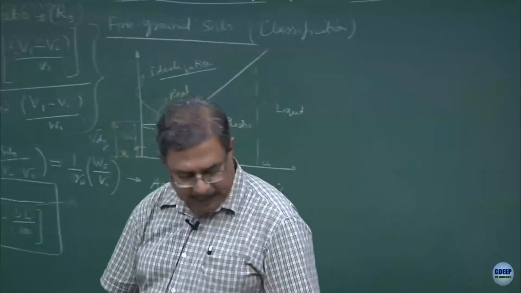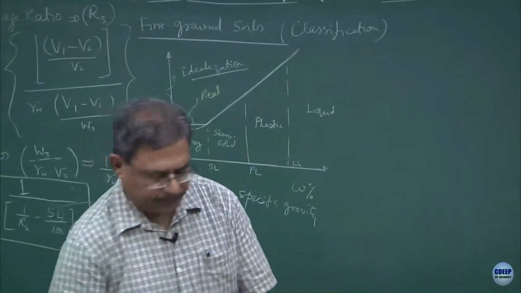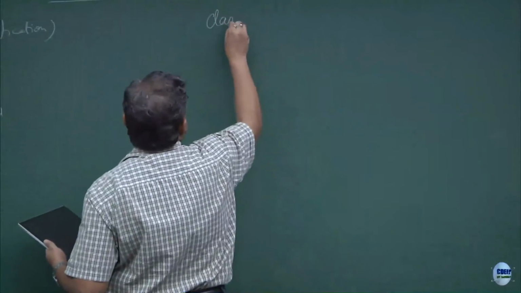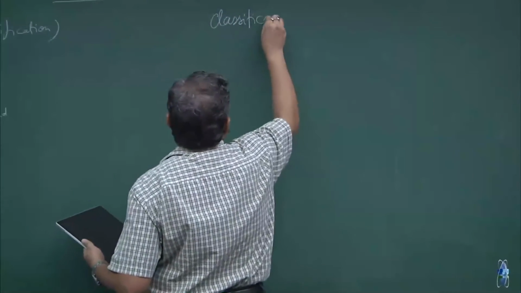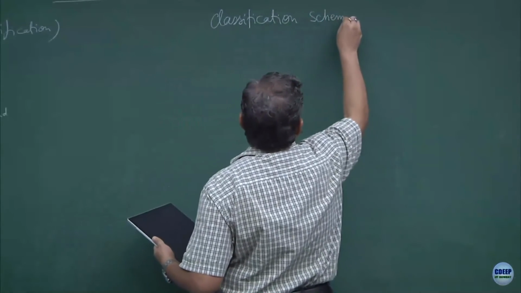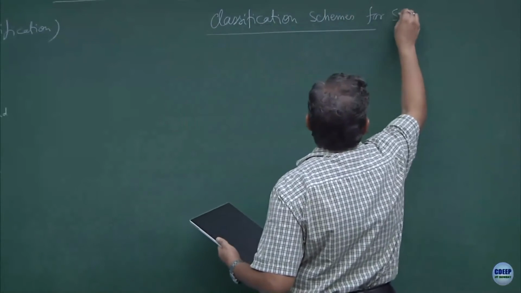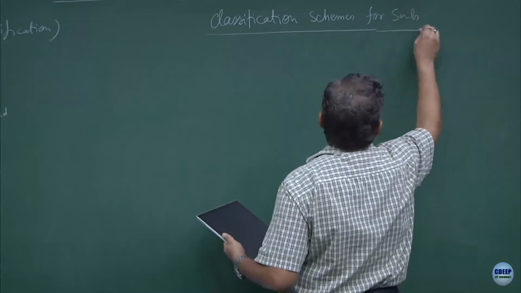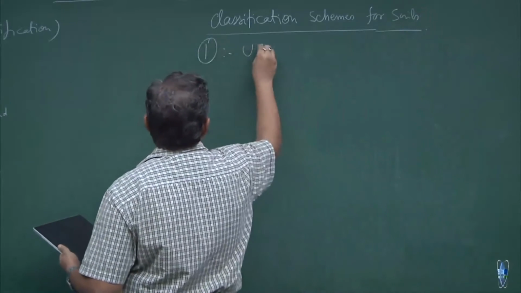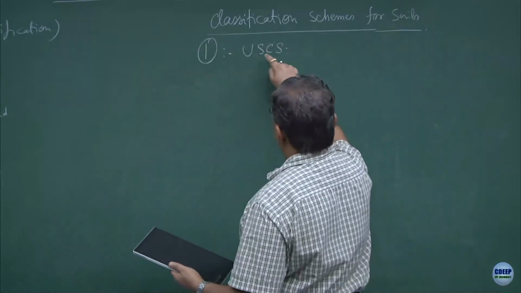So, the classification schemes normally used for soils. The first one is known as USCS, Unified Soil Classification System.